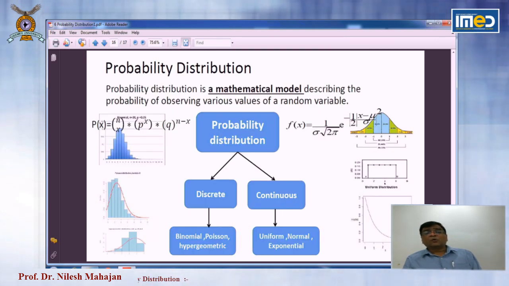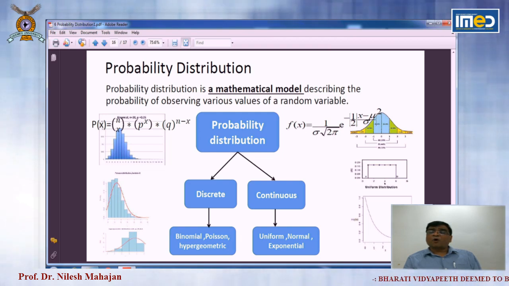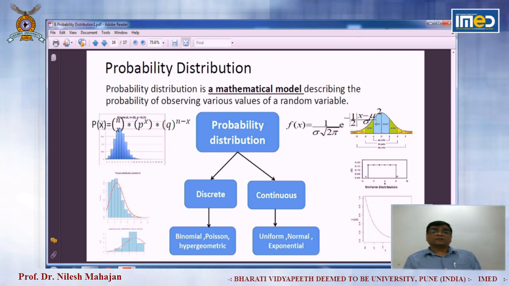Now, what is the mathematical model for probability distribution? A probability distribution is a mathematical model that describes the probability of observing various values of a random variable. The formula is f(x) equals 1 upon standard deviation into square root of 2 pi, into e to the power minus 1 by 2 into ((x minus mu) upon standard deviation) whole square. Here mu represents the mean.